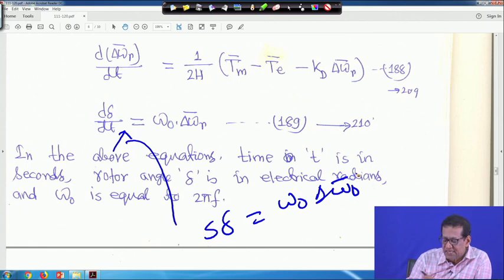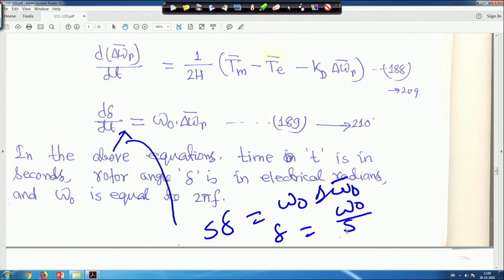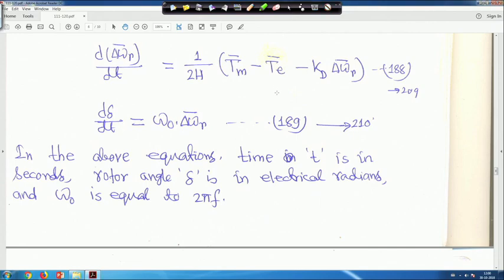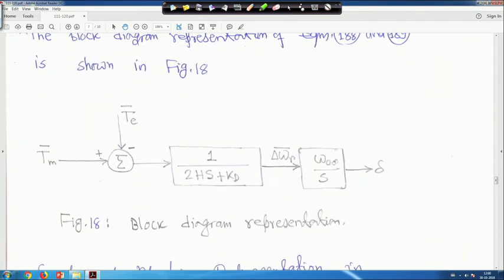Therefore, delta will be equal to omega 0 by s into delta omega r bar. That is why here we are writing that delta is equal to omega 0 by s into delta omega r bar. This is the first step, slowly it will grow.